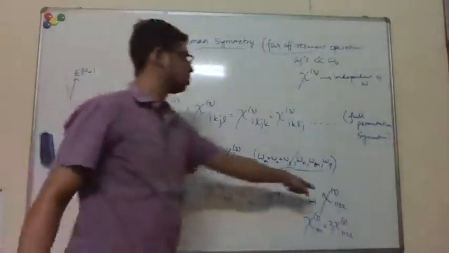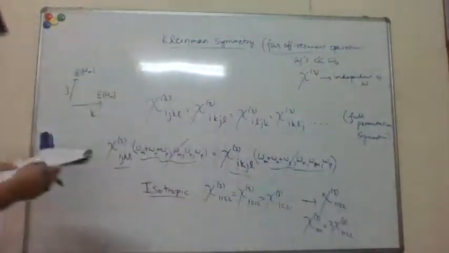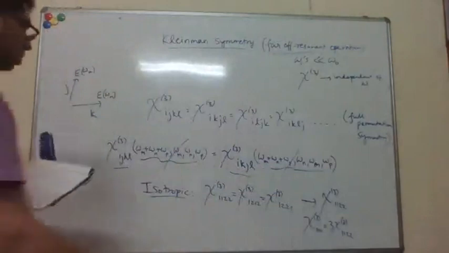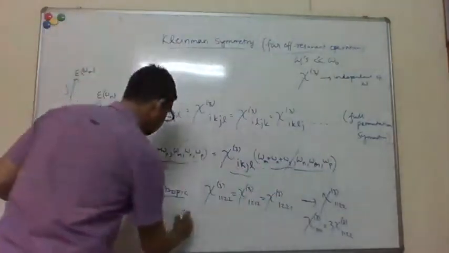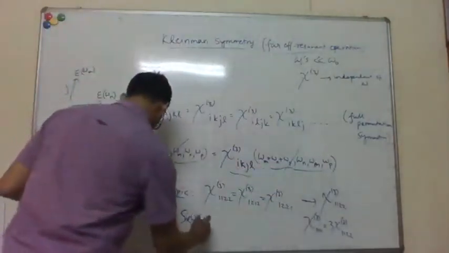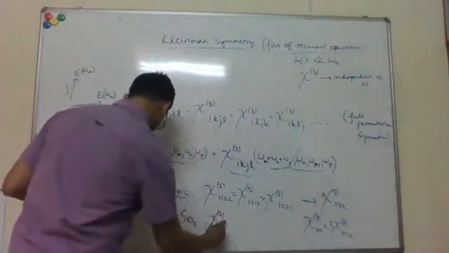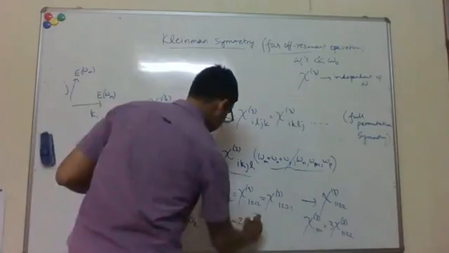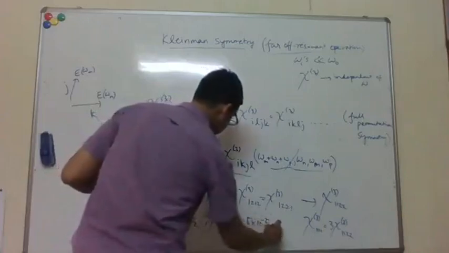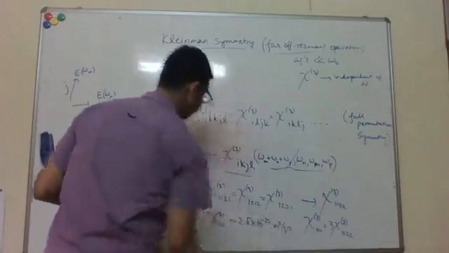Okay, so you basically need just one number. So, for example, for silica, the diagonal element is this value.